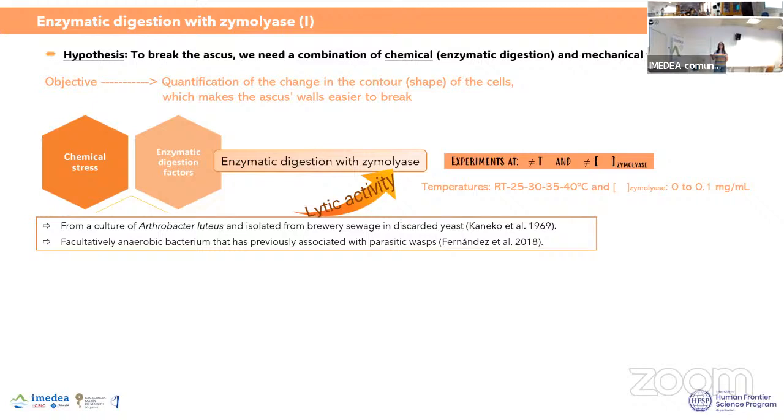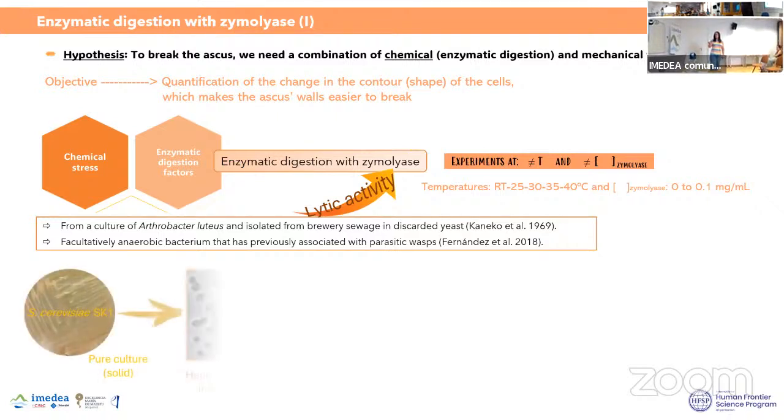So it is normal that this enzyme is maybe inside the wasp's gut. Also, our colleagues from Turin tried this experiment in situ with wasps, and they saw that it works. So even though we bought a commercial enzyme, it works.